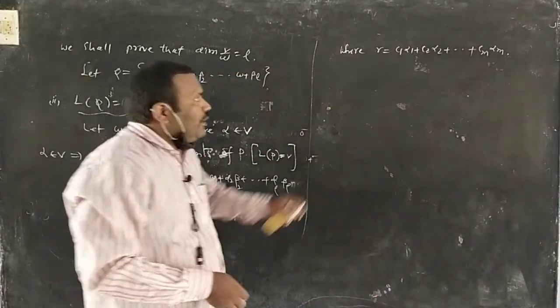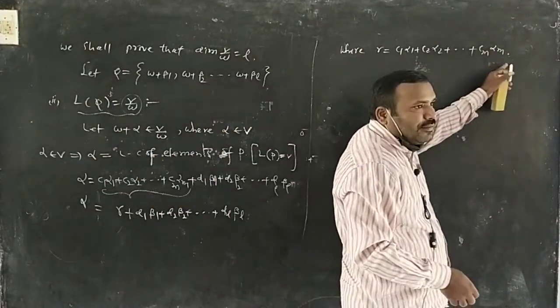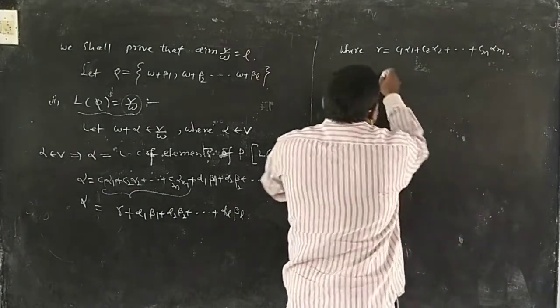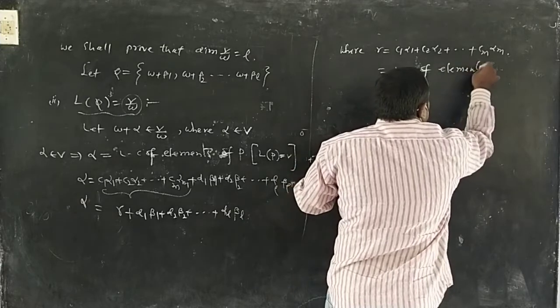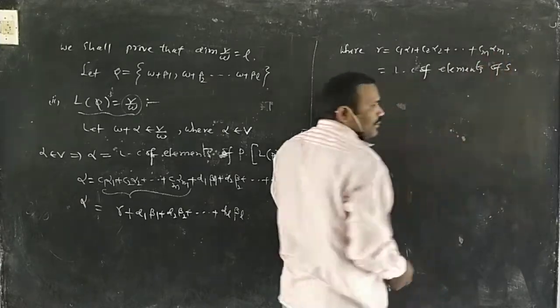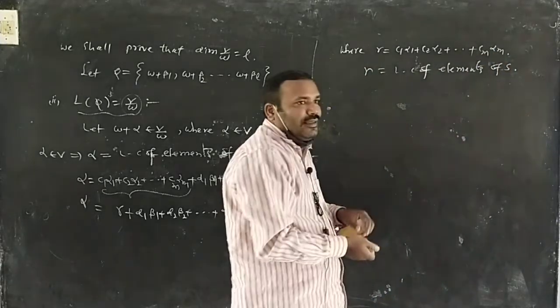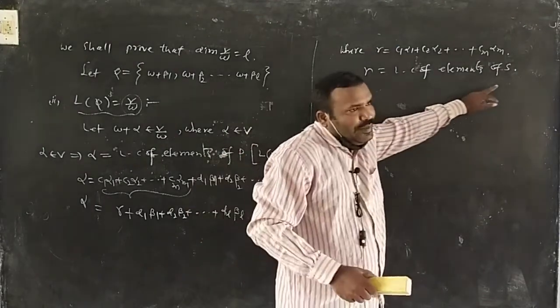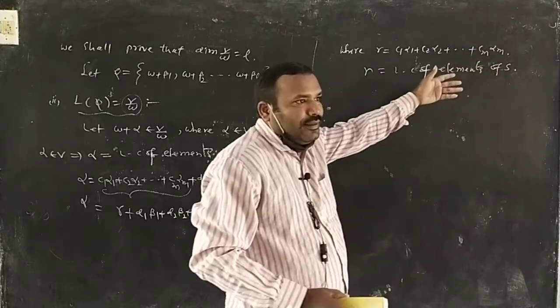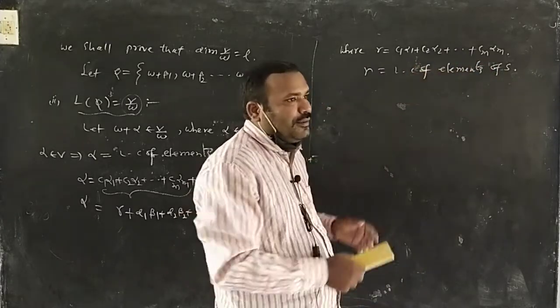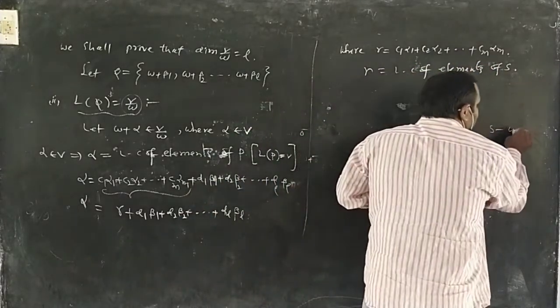Alphas are elements of which set? Yes, sir. So gamma is expressed as a linear combination of elements of S. S is a basis of W.